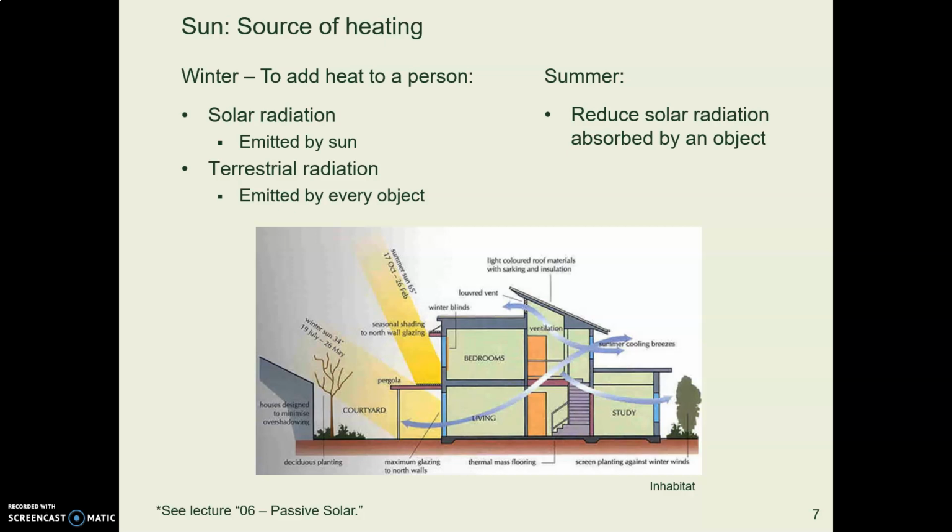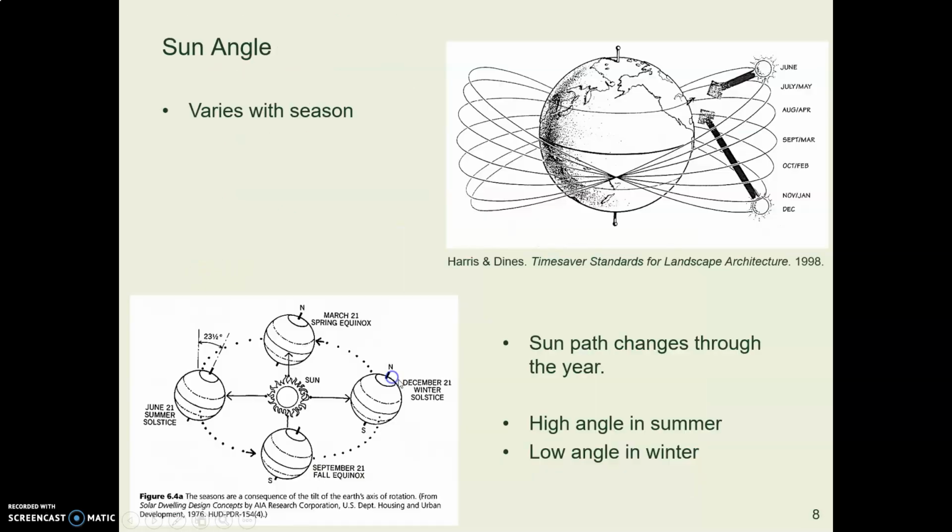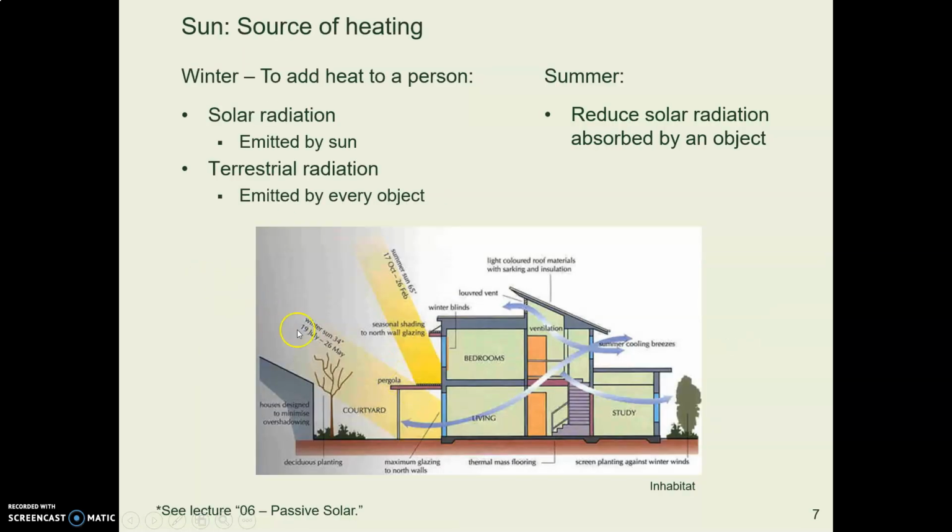So, when we're designing houses and we're thinking about solar radiation and terrestrial radiation, in the winter when it's cold here, we want to be able to absorb more radiation. So we want 2 things. We want solar radiation, radiation from the sun, coming in.